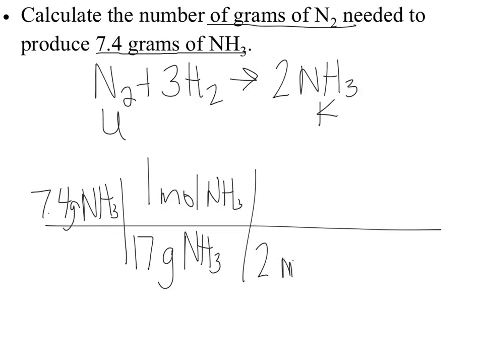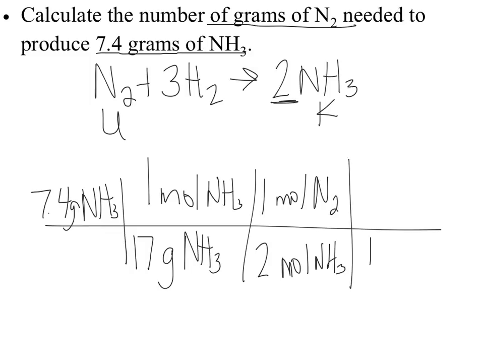So 2 moles coming from the coefficient over the 1 mole of N2, but I don't want moles, so I need to switch into grams using the molar mass. So nitrogen is 14, 14 times 2 is 28 grams.